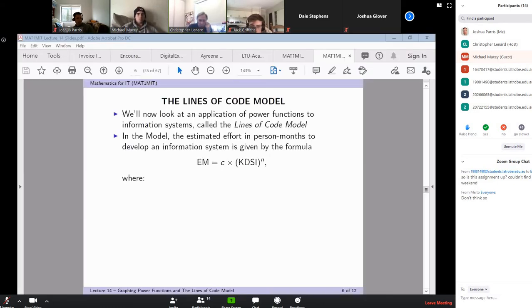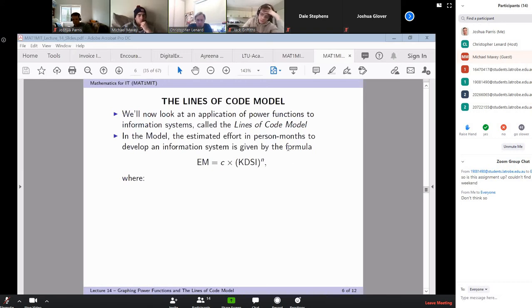So we're going to apply this. It's called the lines of code model. This is something that programmers and programming managers used to use as a way of working out how much time it takes to develop a program, let's say an information system.